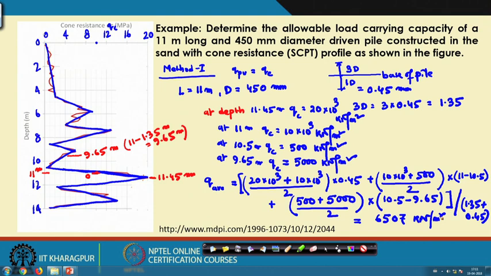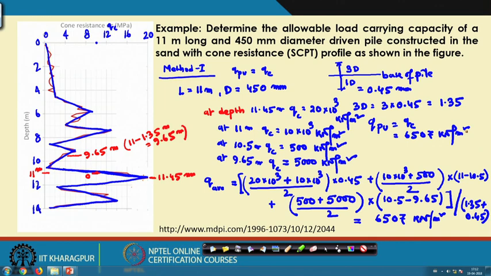Now I can write that QPU is equal to QC average, which is 6507 kilonewton per meter square.